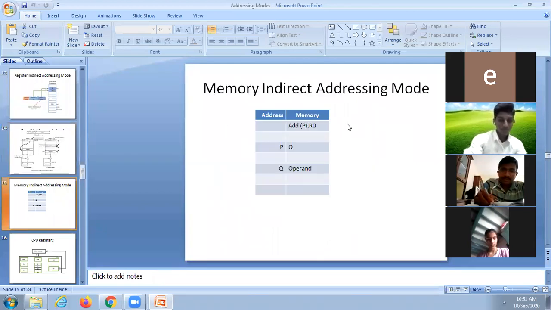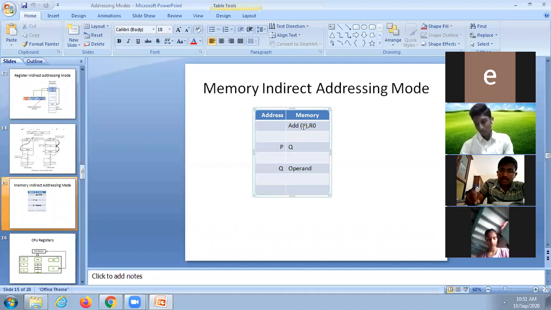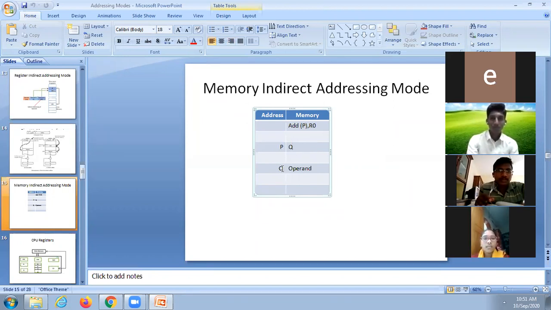The similar thing I have written here: add P, with P in parentheses, where P contains the address of the operand. The address of the operand is Q here. P has the content Q. What about Q? Q is again an address where the operand is available. This is an example of memory indirect addressing mode.